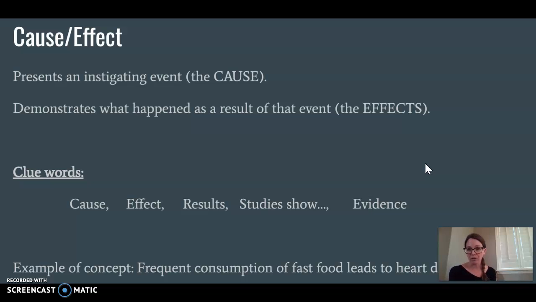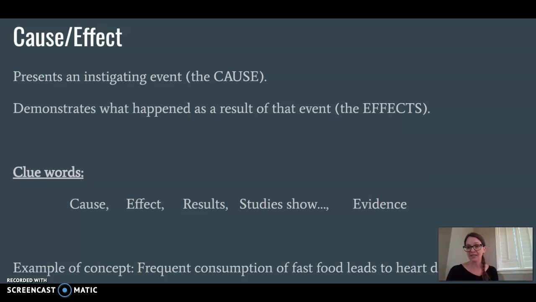So in this example, the cause is the frequent consumption of fast food. Right? If you eat it every once in a while, no big deal, but when you're eating it all the time, well, the most common effect would be some health problems, including heart disease. So frequent consumption of fast food is the cause, and heart disease is the effect.